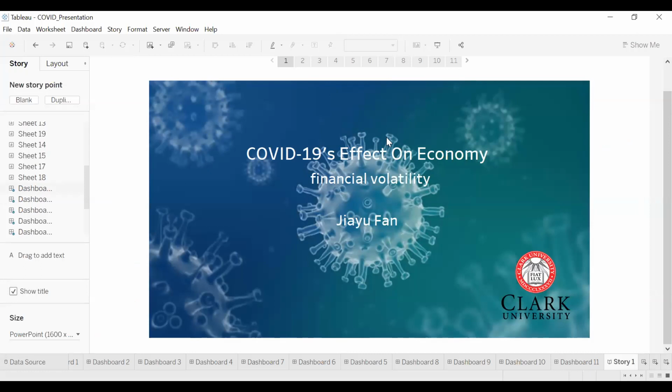So my project topic is COVID-19, and I focus on COVID-19's effect on the economy. So basically, I will only talk about the financial volatility index.